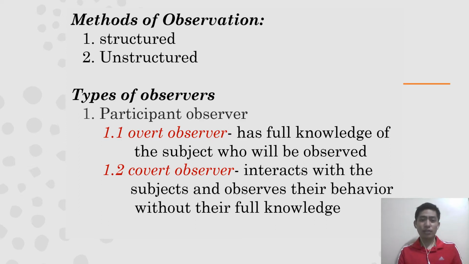The covert observer interacts with the subject and observes their behavior without their full knowledge. In covert observer, it's more immersion. You immerse in the setting, but the disadvantage of this is there's no full disclosure because the researcher only knows that it's a research.